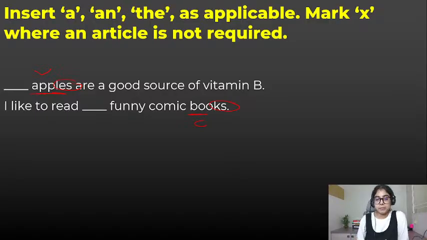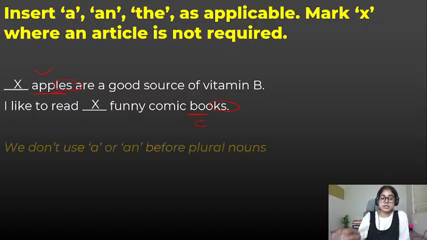But इधर सिर्फ apples की बात हो रही है, इसीलिए the का काम नहीं है और a और an का भी काम नहीं है. For this reason you will not put any article.